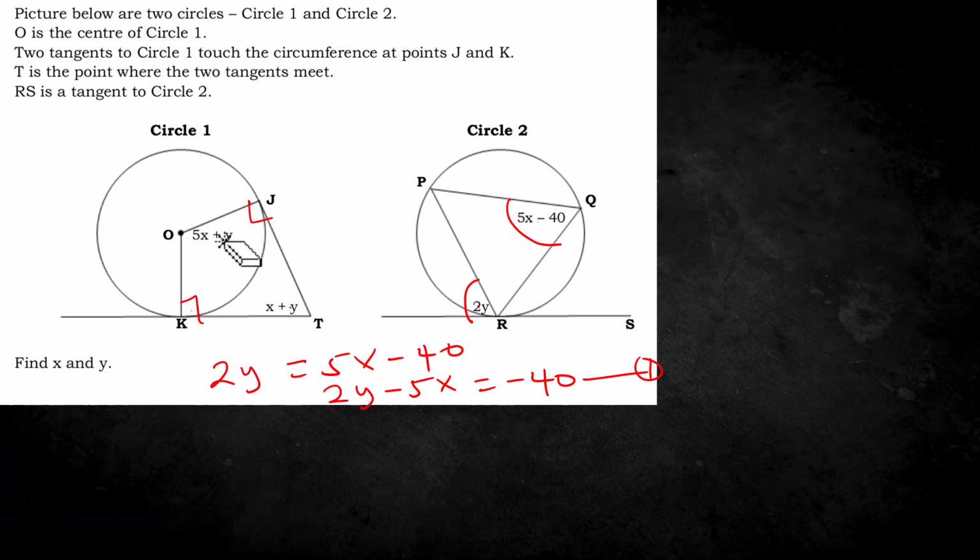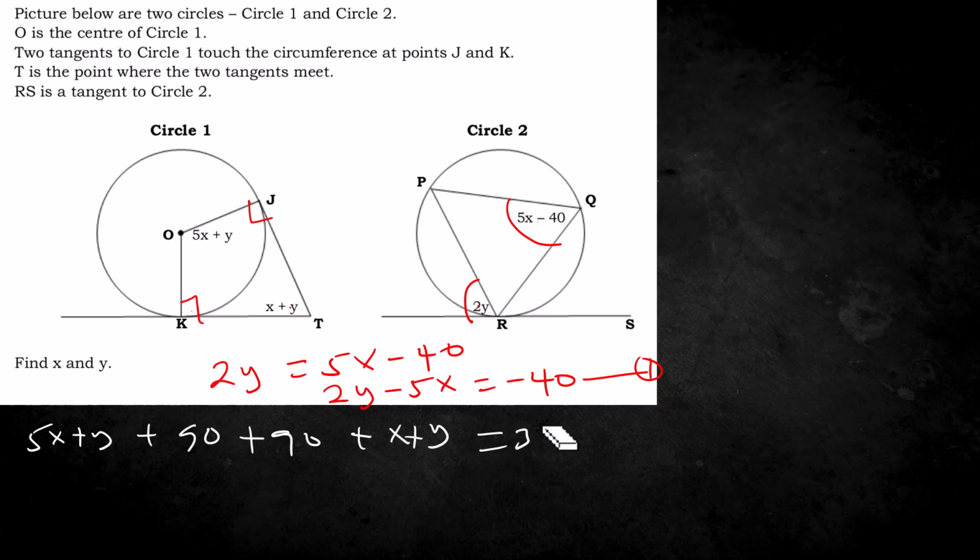Now let's sum the angles here. 5x plus y plus 90 plus 90 plus x plus y equals 360. So let's group like terms here. We have 6x plus 2y, and 90 plus 90 is 180.